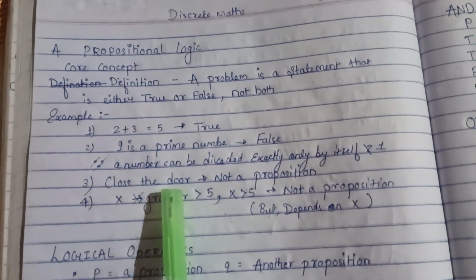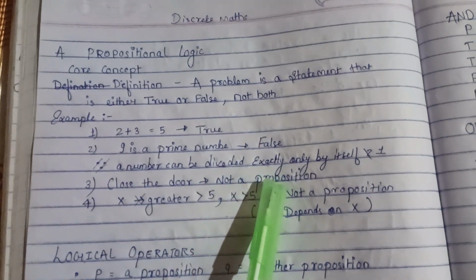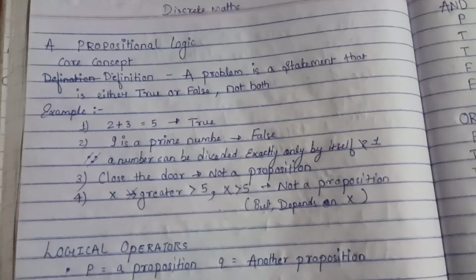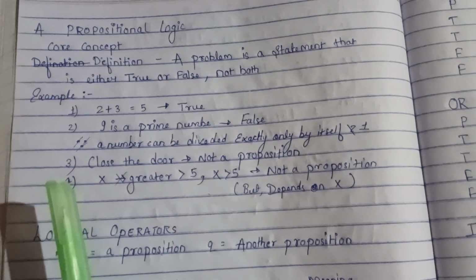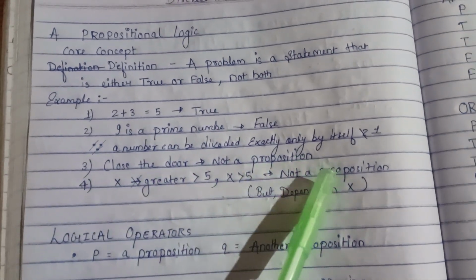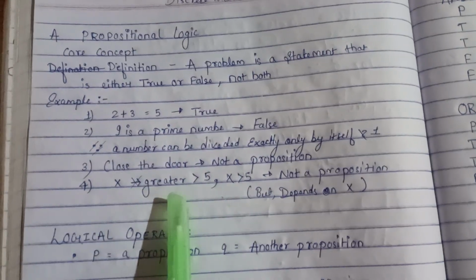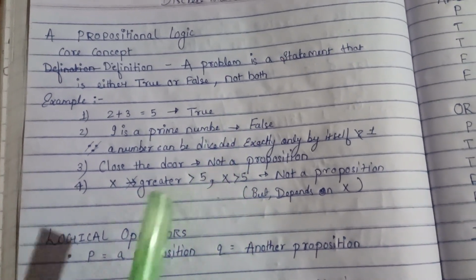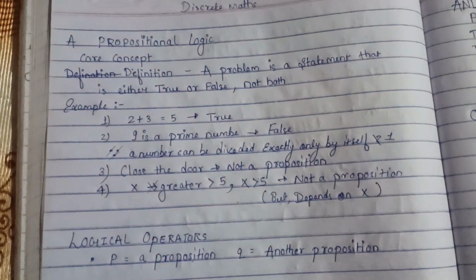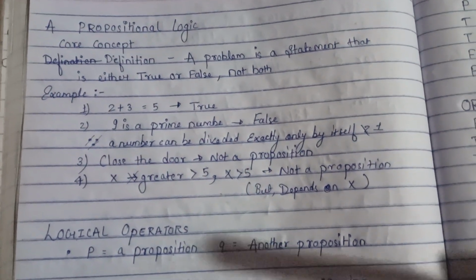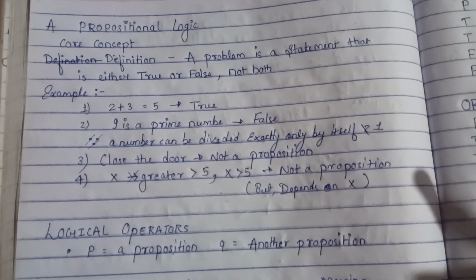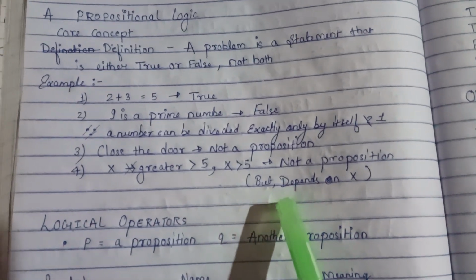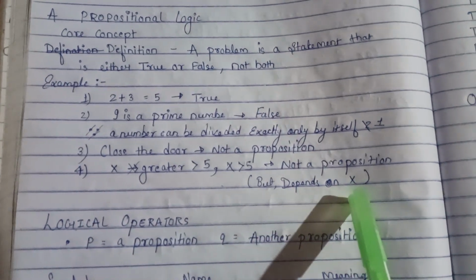Close the door is not a proposition. And this is also not a proposition. Why? X is greater than 5. Let me tell you why, because it depends on x.